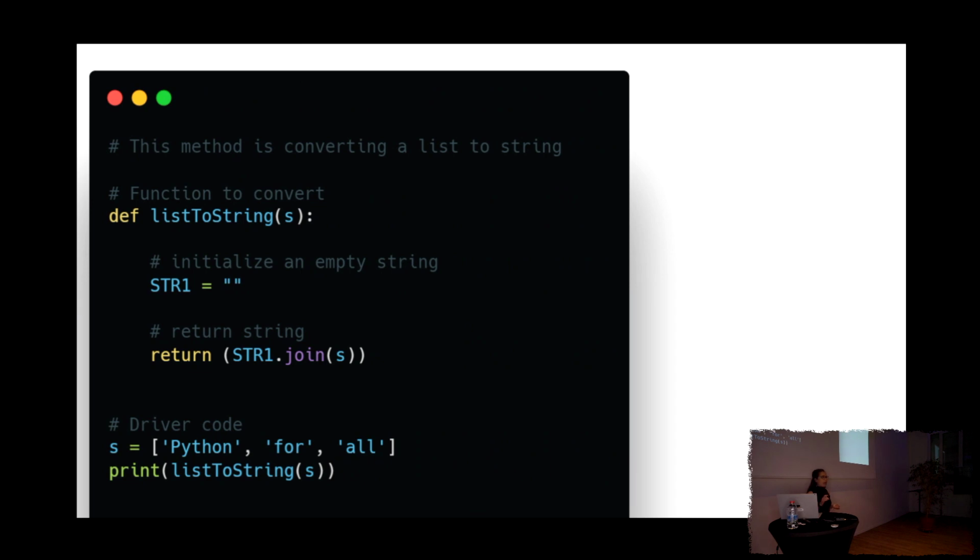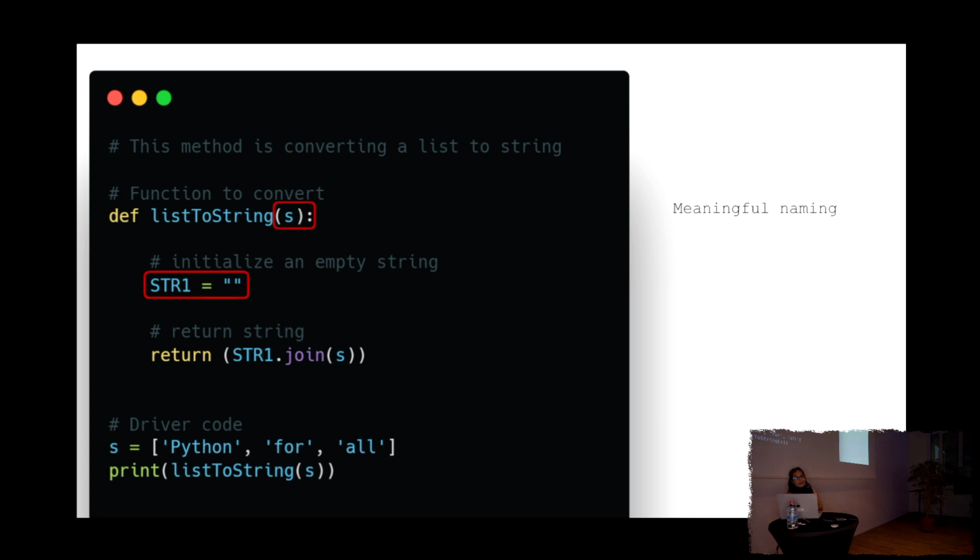Let's have a look at this piece of code. First of all, let me ask you, how many of you develop in Python? Not that many. Well, regardless of the programming language, this piece of code is in Python and it converts a list to a string. If I am asked to give my opinion about these 2-3 lines of code, I'm going to start by looking at the variables.